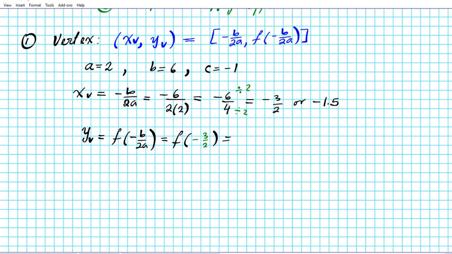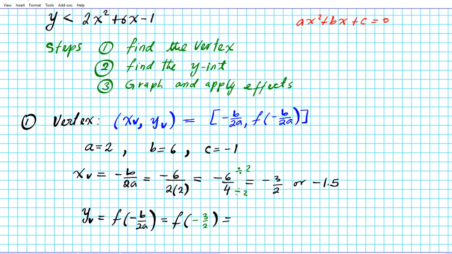Alright, so we know y is equal to f of x. This is the function up here. So we're going to input negative 3 over 2 into all the x's in this function. So we're going to have 2 times, instead of x, we replace it with negative 3 over 2 squared, plus 6 times, instead of x, we replace it with negative 3 over 2.